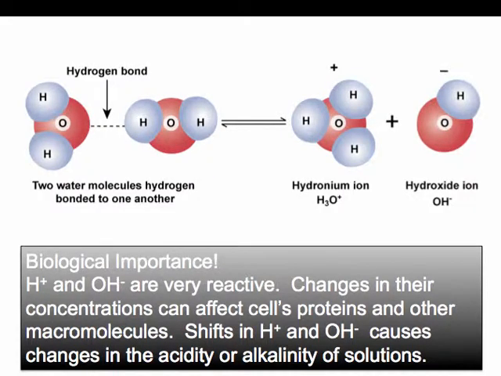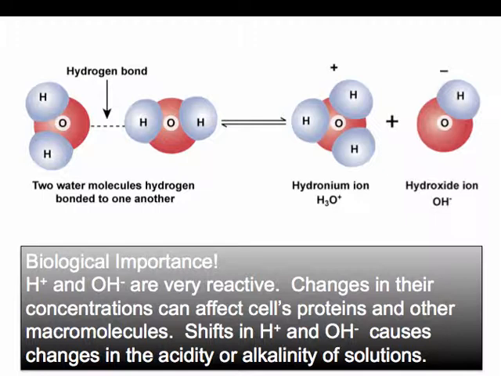But this is actually biologically important because when you have water, it will dissociate, and when it does, we make this hydrogen and hydroxide. These ions are actually very reactive, and if their concentrations change, they actually start to shift the acidity or the alkalinity of a solution.